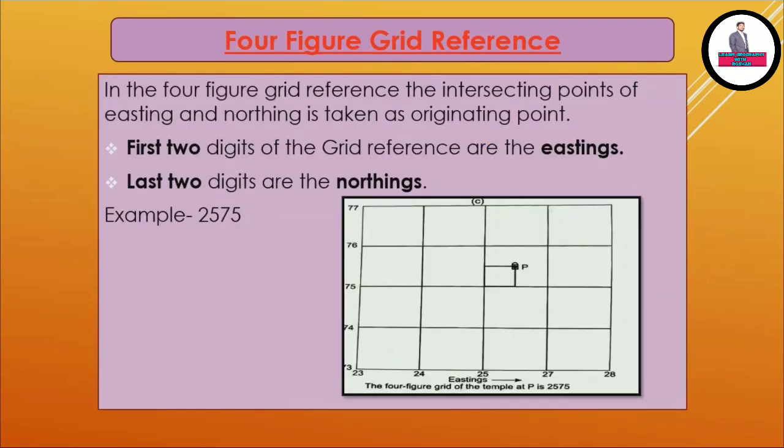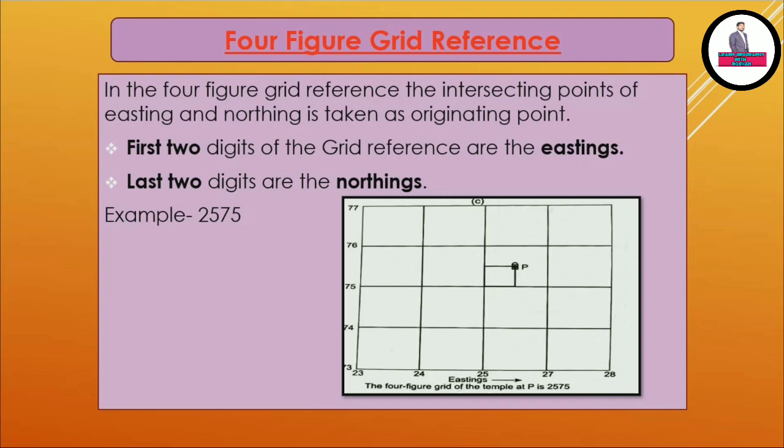Next concept is the 4-figure grid reference. In the 4-figure grid reference, the first two digits of the grid will be of eastings and the last two digits are of the northings. So you could see there is a temple over there. One example: what will be the 4-figure grid reference of this temple? First we should take, this is 25 and this is 75.